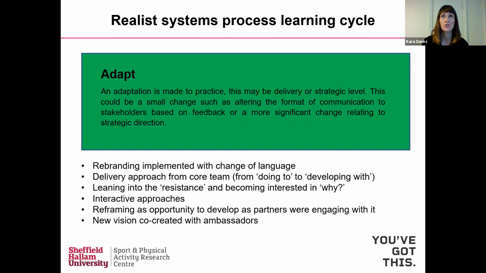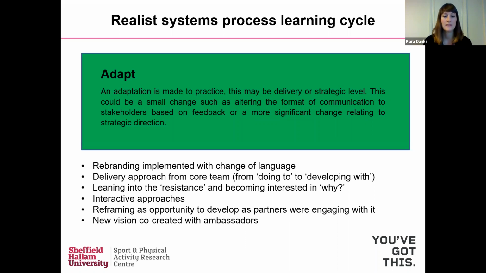The exchange used to be called the Programme Delivery Partnership. It's now called the exchange to symbolise that two-way process. The delivery approach from the core team has changed over time from doing to developing with. It was more of a reporting back process, and it's now very much bringing in the values of co-production with the members of their exchange.